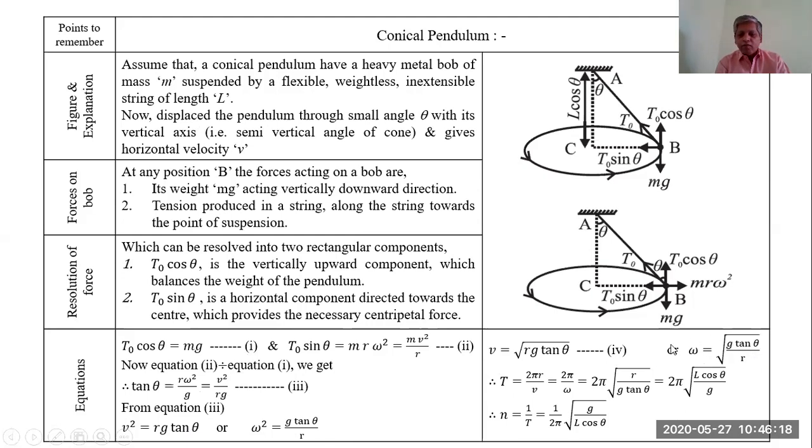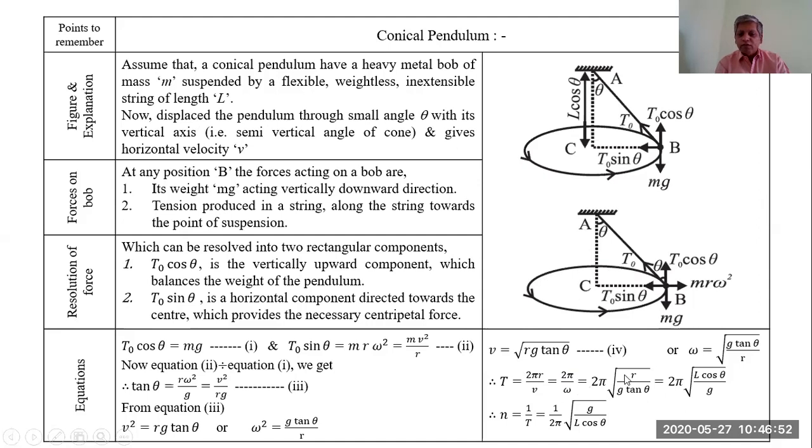From these equations, the period of a conical pendulum is the length of circumference upon tangential velocity, twice pi r upon v. Or, the angular displacement of this particle is twice pi and angular velocity is omega. Therefore T equals twice pi r upon v, or equals twice pi upon omega.